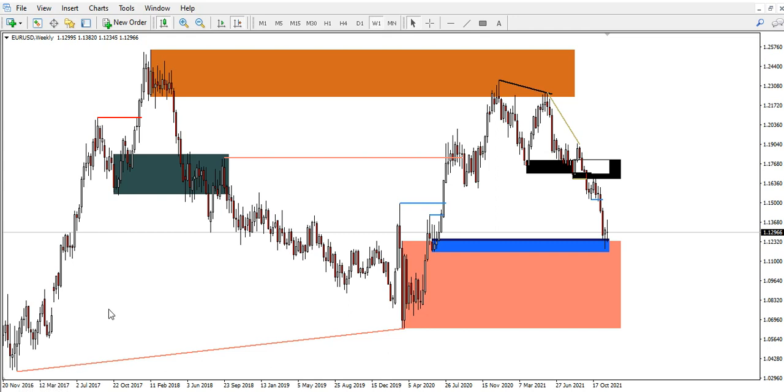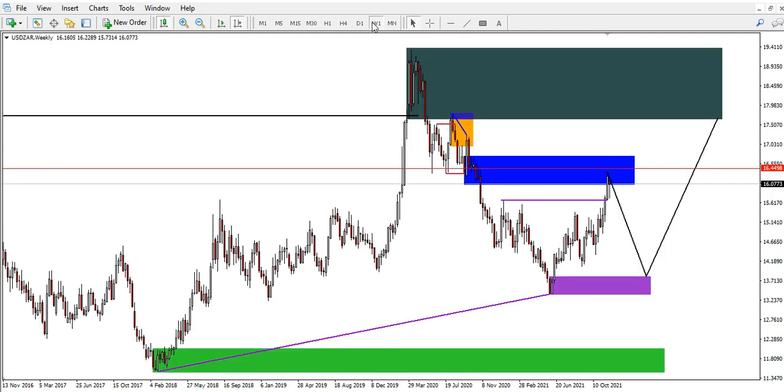Look first, we are on the weekly time frame, right? Look at this failure market structure here on the weekly time frame. Let's go to USD ZAR weekly time frame. Look at this failure market structure, and then look at this move here, and then look at the move after.